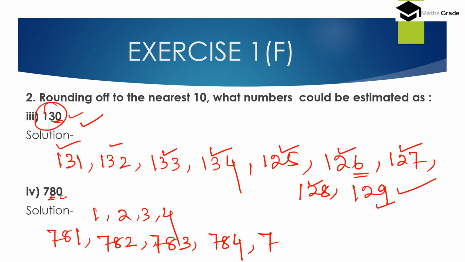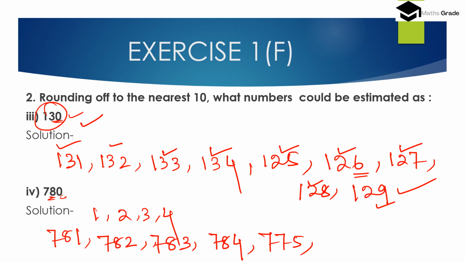Now if the unit place digit is 5 or more, the tens place digit 7 changes to 7 plus 1. The number is 775, because 5 is equal to 5, so we have to add 1 to this tens place digit, that is 7 changes to 7 plus 1, that is 8, and the unit place digit 5 changes to 0.